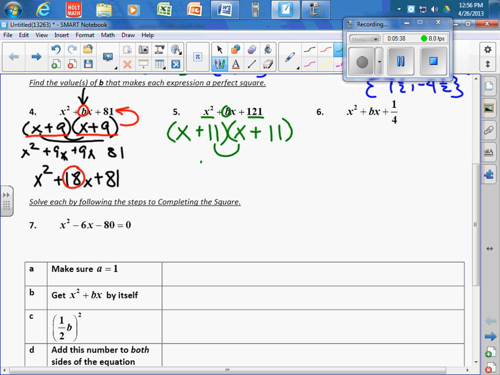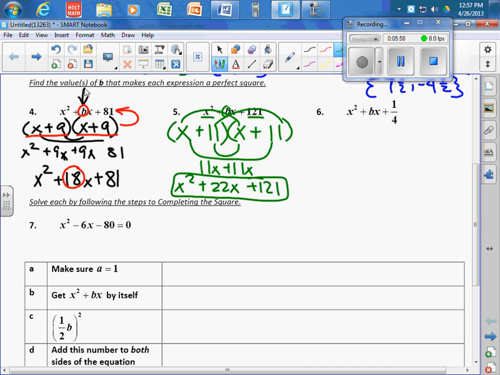Well, 11x plus 11x is 22x. We'd have the 11 times 11 for the 121, the x times the x for the x squared. So x squared plus 22x plus 121, this is called a perfect square trinomial. And b would have to be equal to 22.